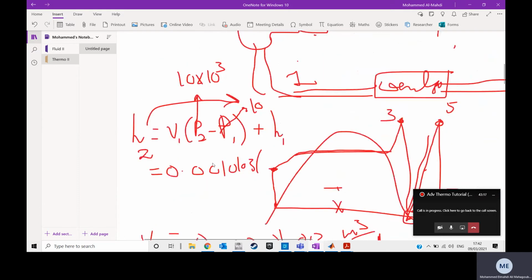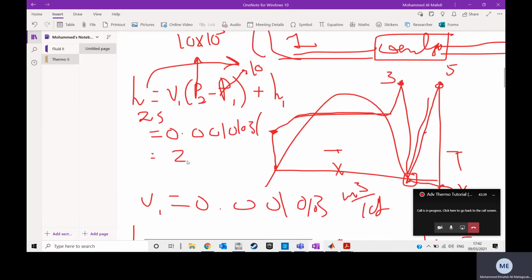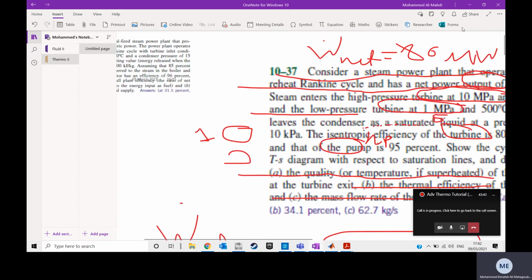So what is H2S? It is 0.001003 multiplied by (10 times 10 to the power 3 minus 10), plus the H1, which we calculated. So it is 201.9.